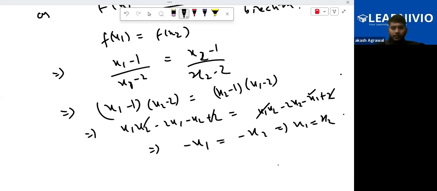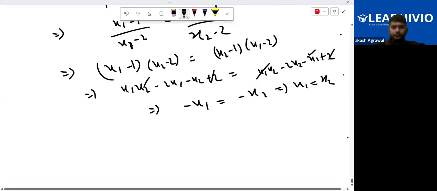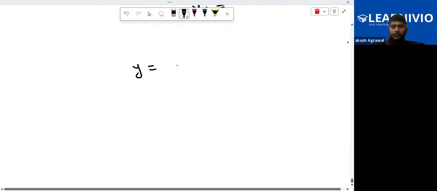And for onto, how do we check? There will always be a rational number for which x minus 1 upon x minus 2. So we have y equals x minus 1 upon x minus 2.